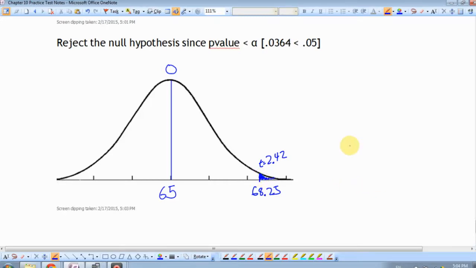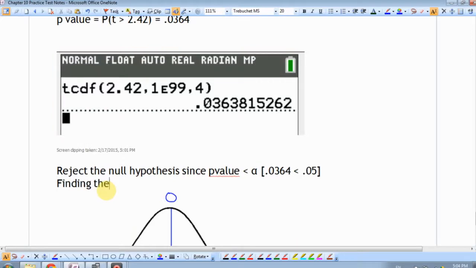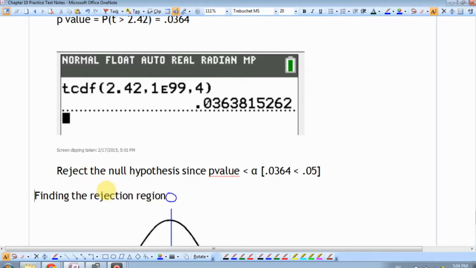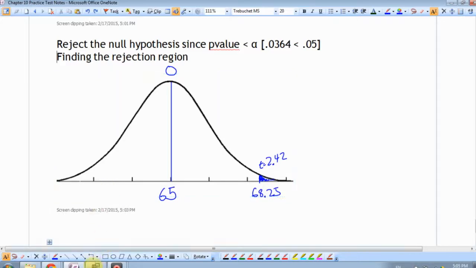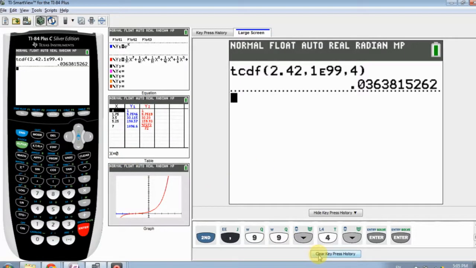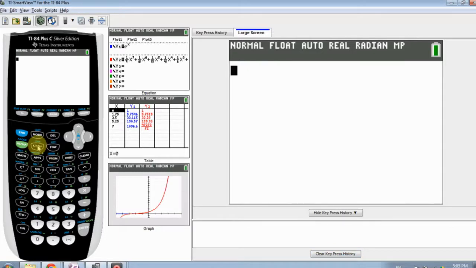To get the rejection region, we want to know where the area of 5% is, so we're going to have to do our inverse T, using our program.